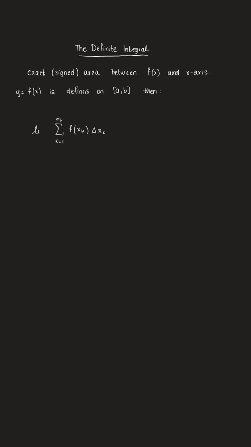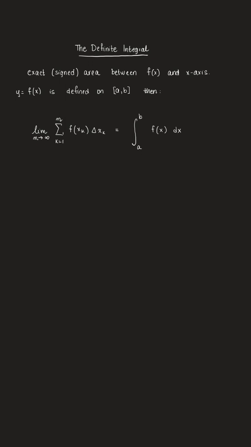And when we take the limit as the number of pieces in our subdivision goes to infinity, or as the width of each rectangle goes to 0, this defines our definite integral from a to b of f of x dx.